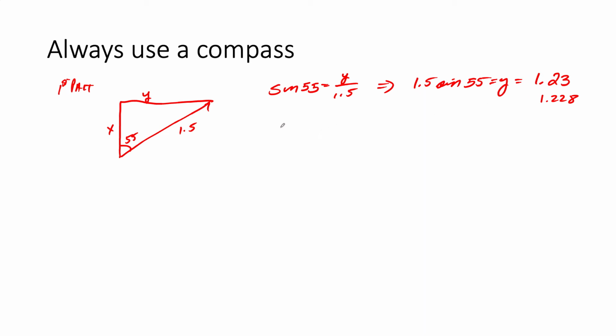Now x is adjacent, so cosine of 55 is equal to x over 1.5. And so it's 1.5 times the cosine of 55. And that gives me my x, and that's going to be 0.86. So that's going to be, this is kilometers. So this is going to be my x vector, and this is going to be my y vector.